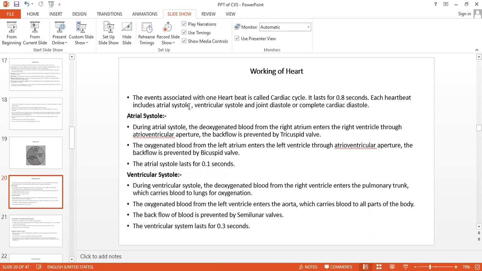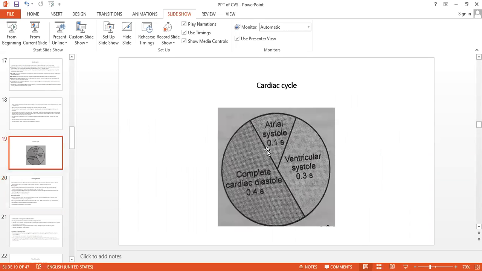Atrial systole, ventricular systole, and joint diastole or complete cardiac diastole. This is the cardiac cycle. The joint cardiac diastole means atrial diastole and ventricular diastole.